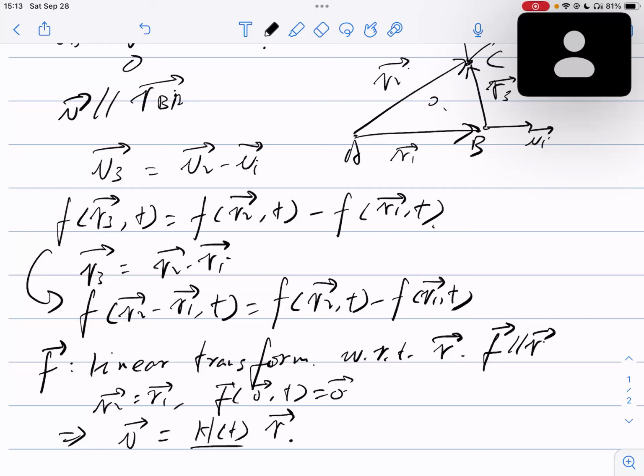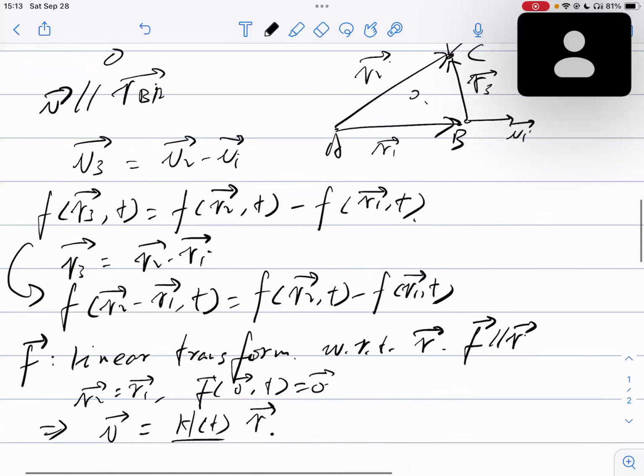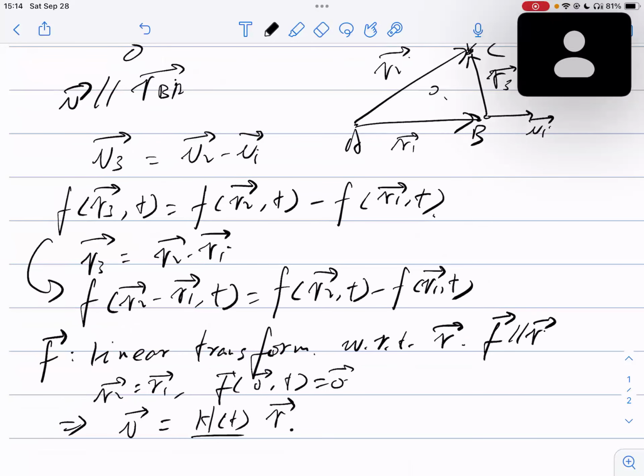And this constant is contained in the time variation, because this homogeneous and isotropic property is on the space, so we can leave this t variable here.